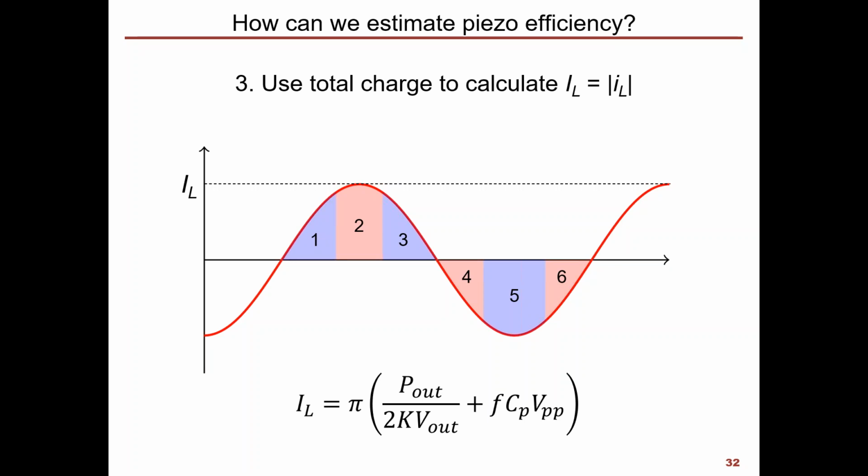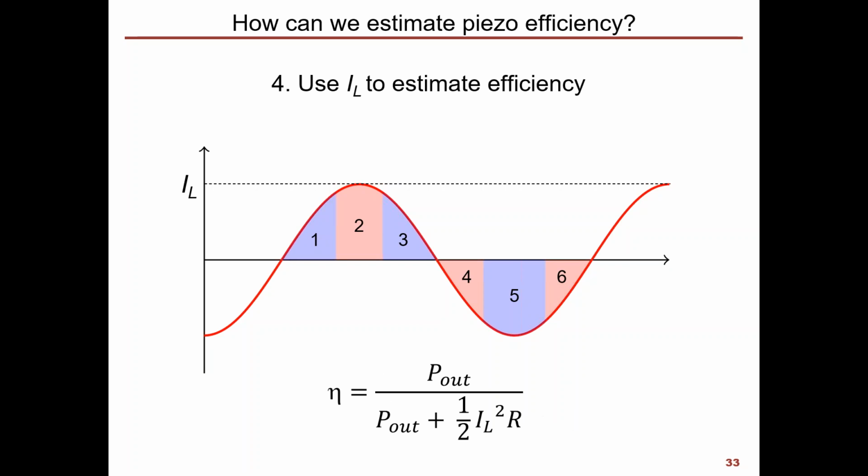What's useful about this is it tells us information about the amplitude of the piezo's resonance. So how high is the piezo resonating? We can use that then to estimate what the piezo's efficiency would be. And again, this is much simpler than having to solve the entire system. As engineers, we like an estimation technique like this.